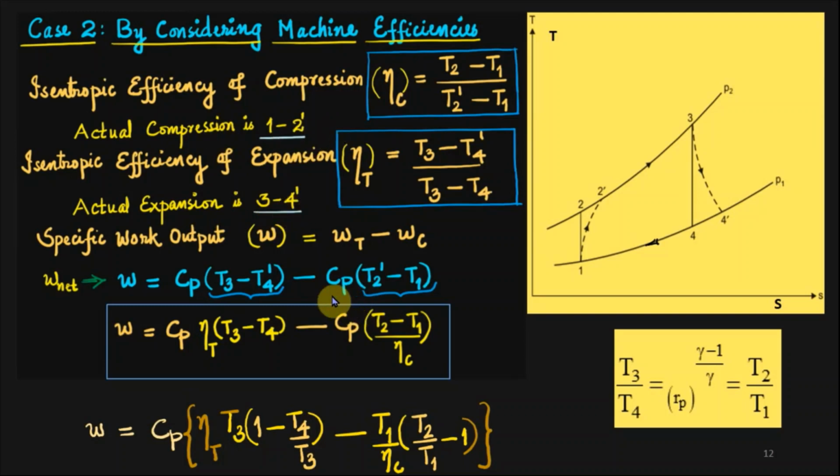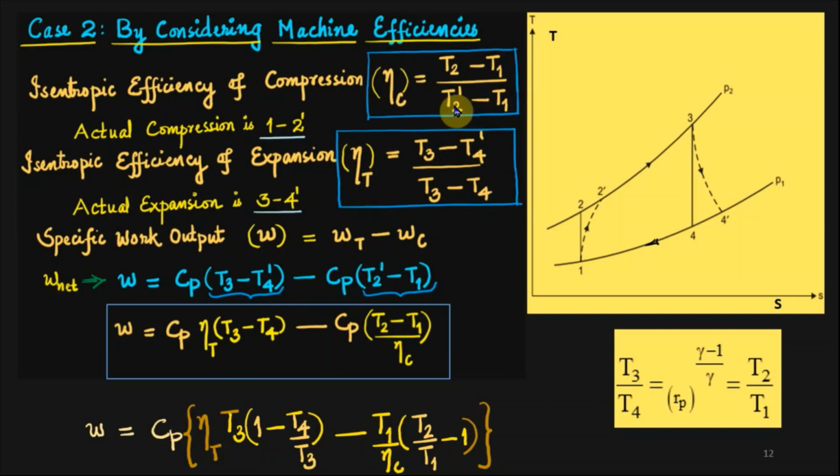So therefore the actual work done on the compressor is Cp into T2 dash minus T1. Actual work done by the turbine, that is Cp into T3 minus T4 dash. The difference that will give you the net work output in specific terms.